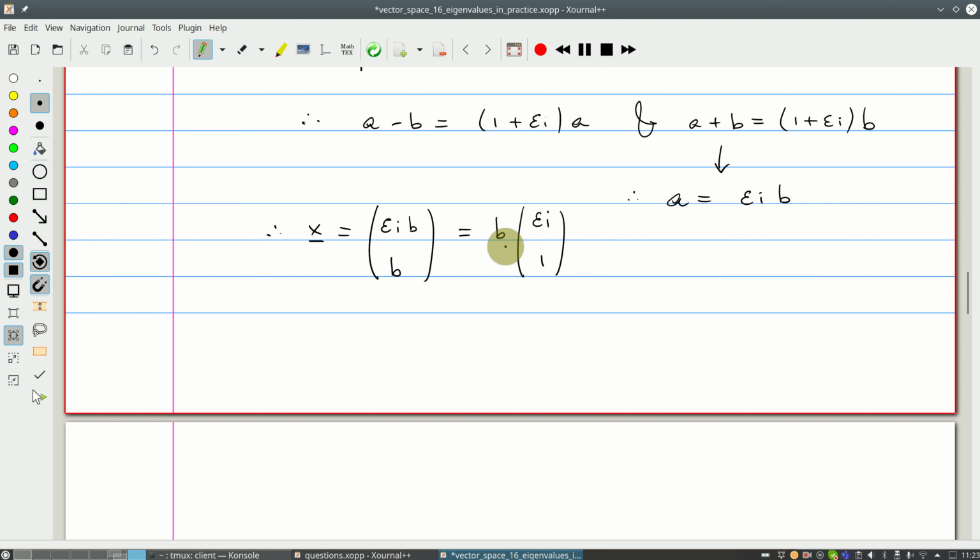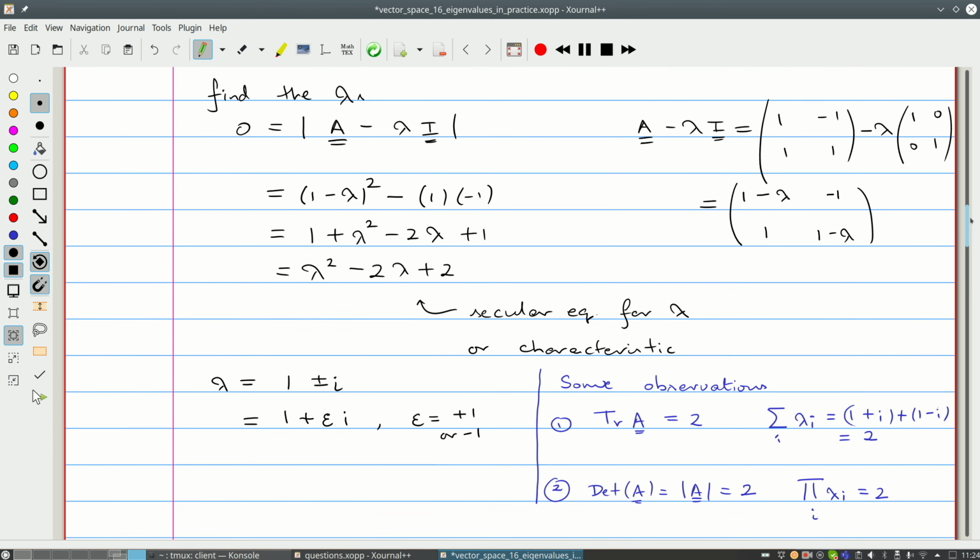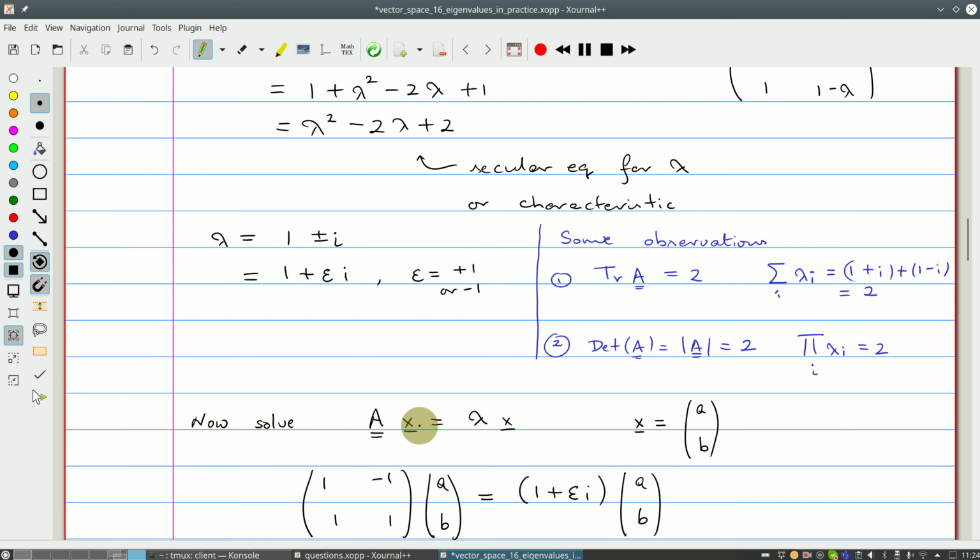Now the question now is, what about b? Does it matter? Well, remember what we said long ago in one of the previous recordings. This eigenvalue equation, Ax is equal to lambda x. Let's put a box around that since it's an important one. This eigenvalue equation is satisfied for any multiple of x.